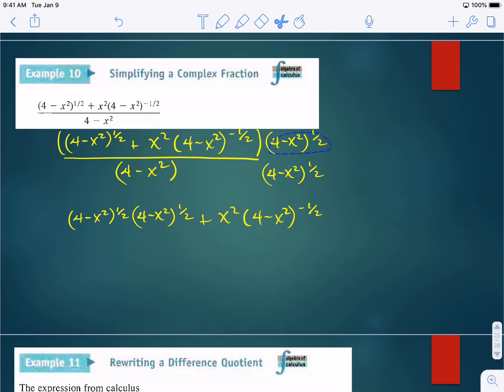And that was all done with the distributive property. So that's the top. I'll just go ahead and copy the parts of the bottom and bring them together.